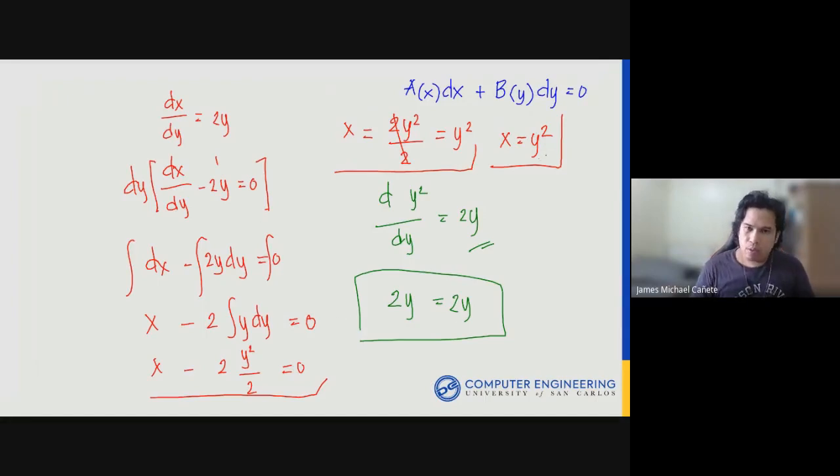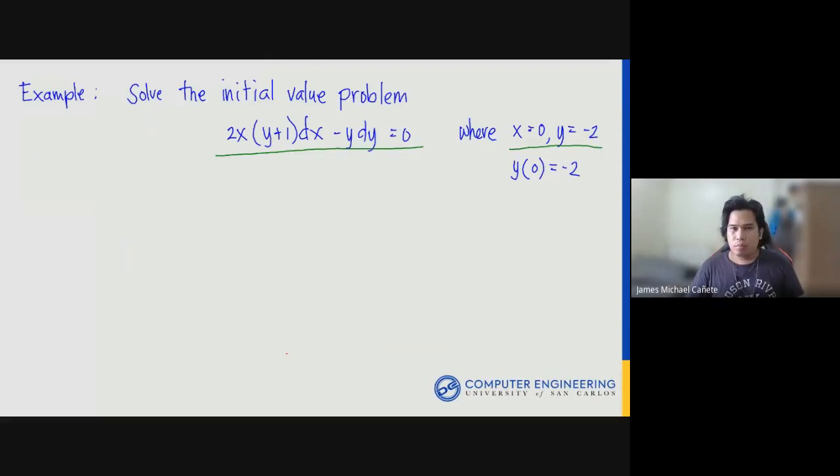This should have had plus C. Well, anyway, another way to write this down is y of x equal to a value c. So in this case, when x is equal to 0, the value of y is equal to -2. This is how we interpret this form of presenting the initial conditions.